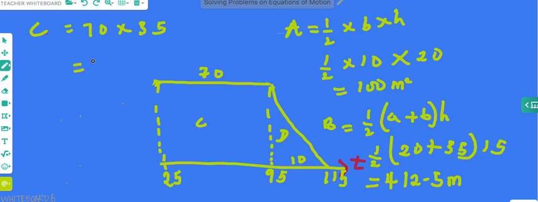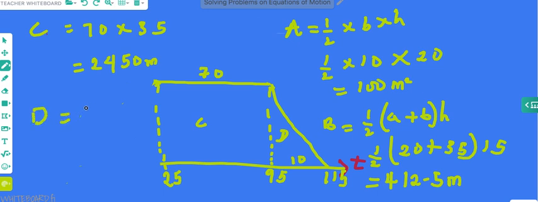That is the maximum velocity we got. So 70 times 35 should give us 2,450 meters.